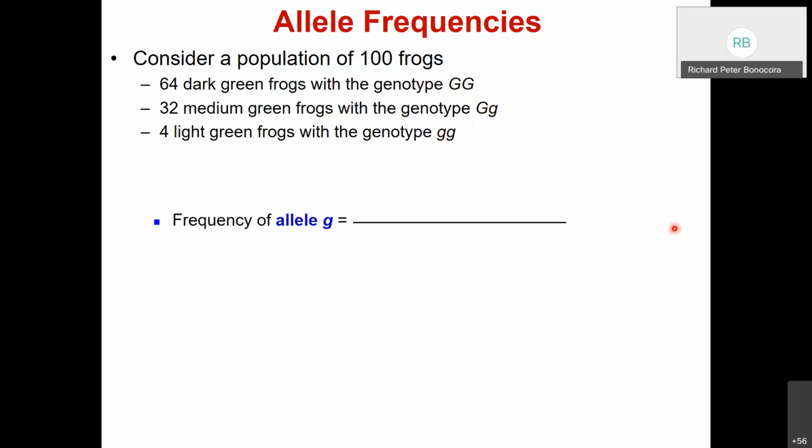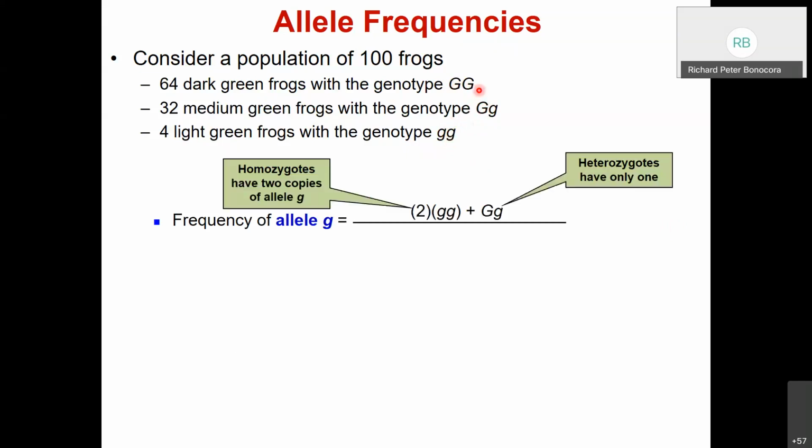If we start looking at the frequency of the little g allele, what's the frequency? So the frequency is going to be 2 times the number of homozygotes for that allele, because each one of these individuals has 2 alleles. So we're counting the alleles now, not the individuals.